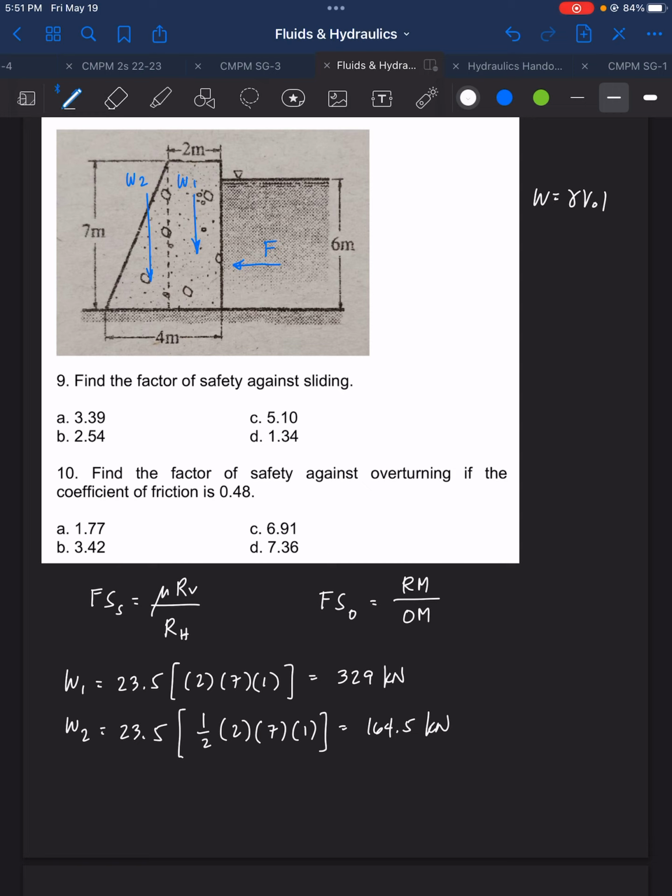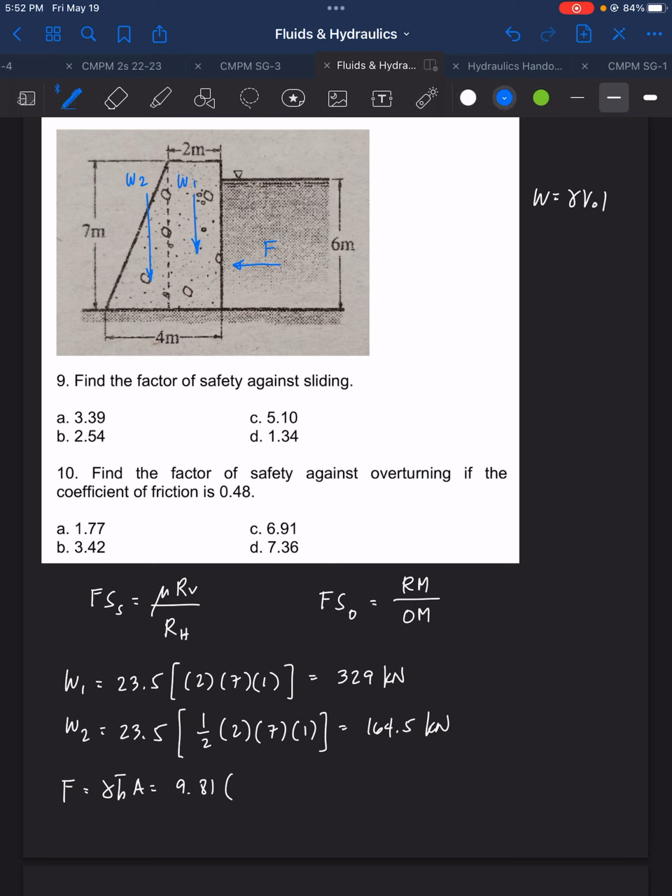Now for the force F, the formula there is gamma h-bar times A. That is 9.81, the gamma of the liquid, the gamma of the water, times the bar H. So where is this bar H here?